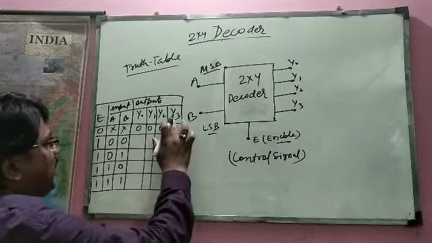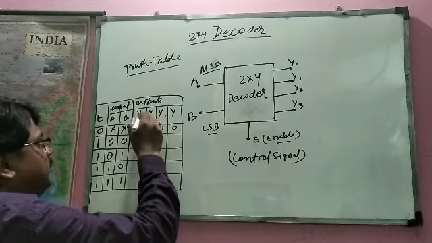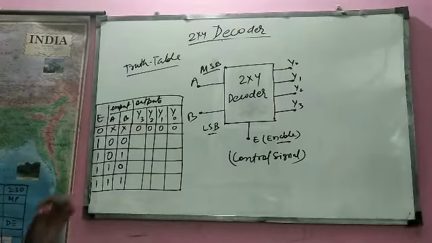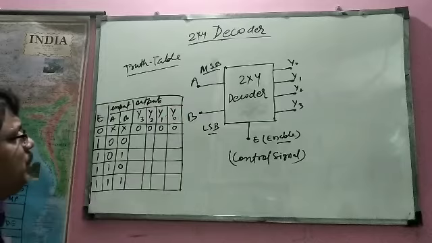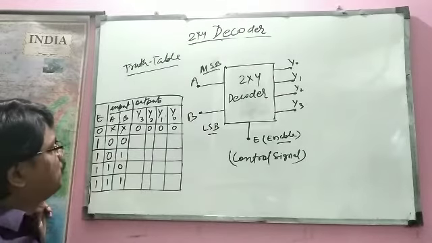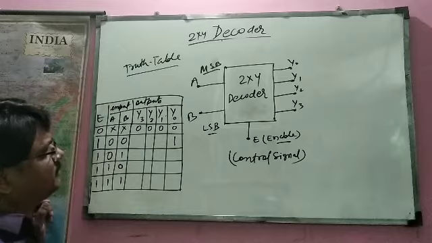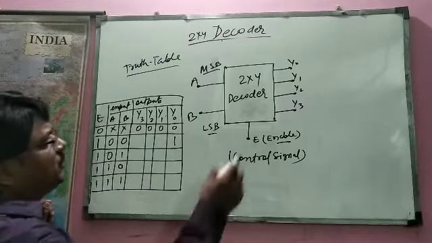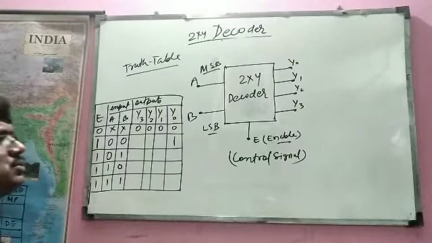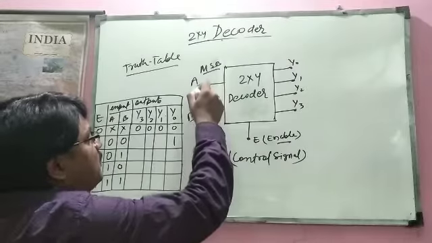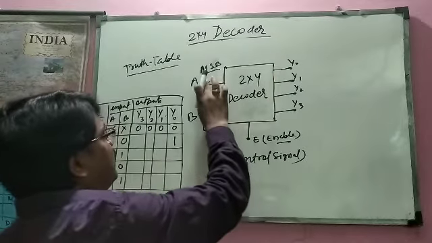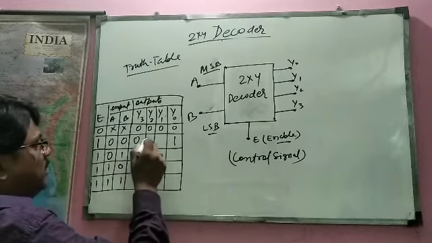So let us write it in this way: Y3, Y2, Y1 and Y0, because we have taken this as MSB and LSB. If A and B are both 0, this one we select and this will be high, and all others will remain 0.